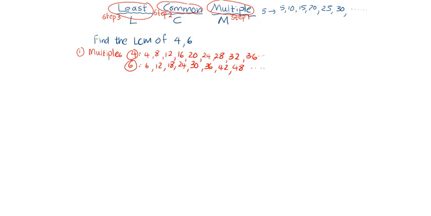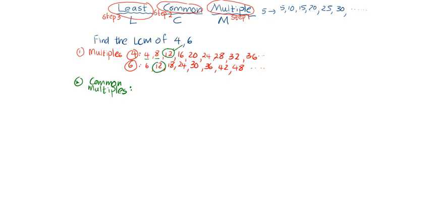Now step 2 is to look at which ones are the common multiples. We look at the two sets of multiples and see which are the same. 4, no, I don't have another 4 down here. 8, nope. 12, yes, so 12 is a common multiple.